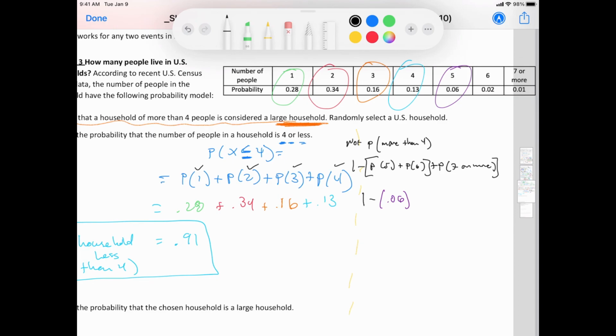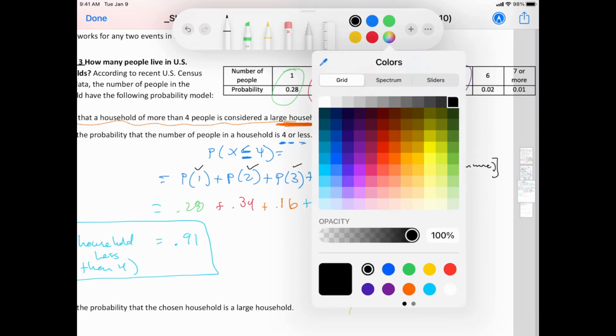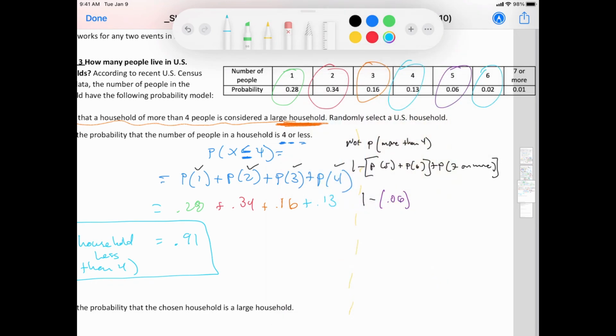So you're just adding all those up, and 7 or more is 0.01. So this would give us 1 minus 0.09, which would give us 0.91.